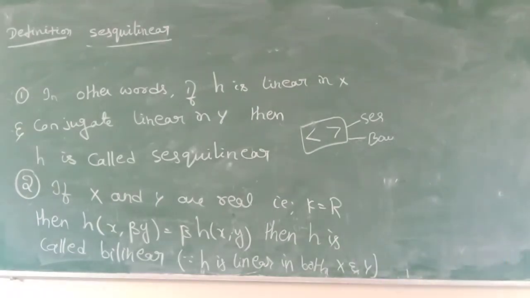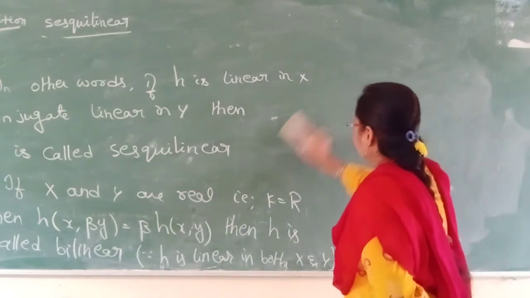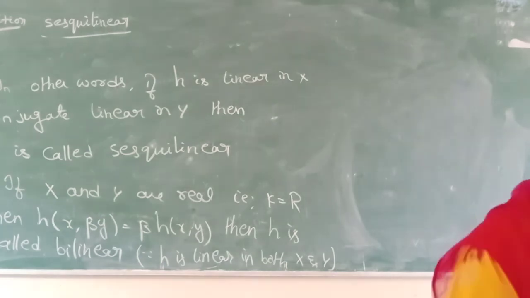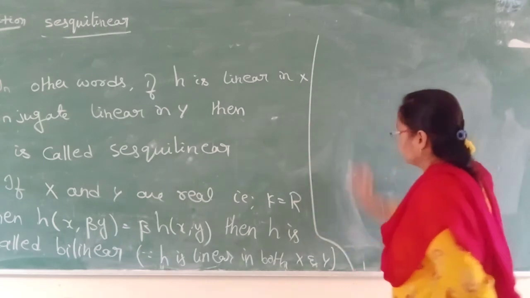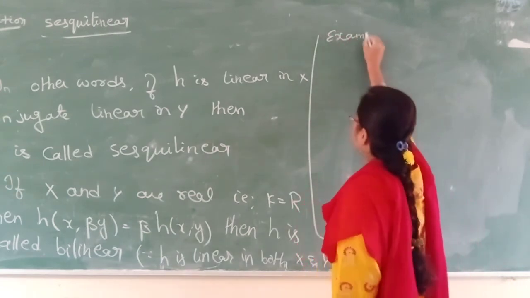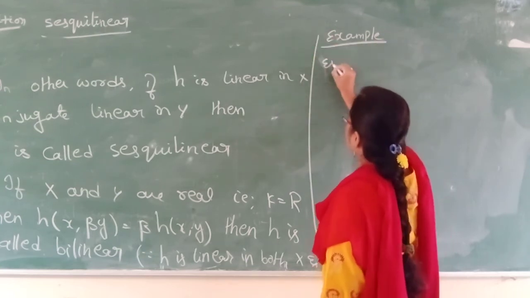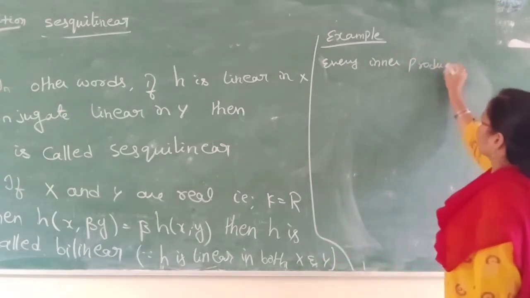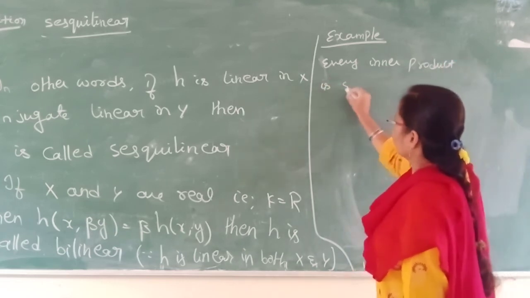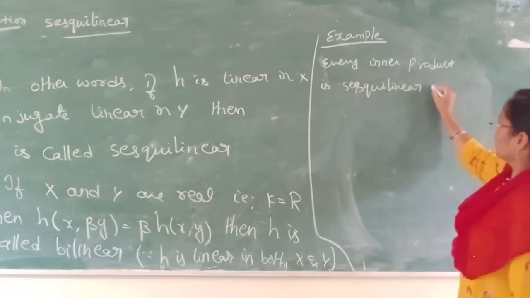Now see the next slide. Example. Every inner product is sesquilinear and bounded.